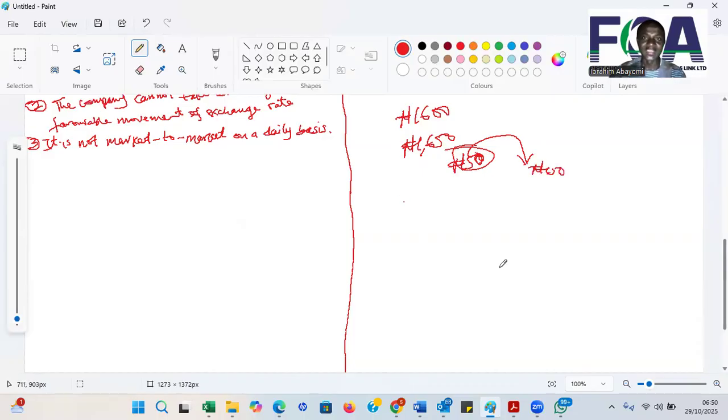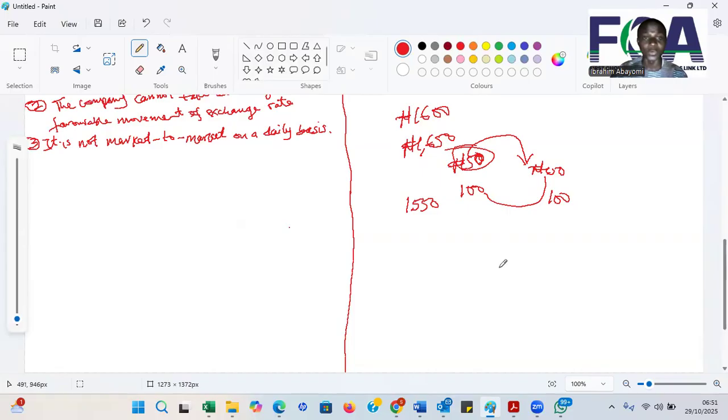Now, another day, if the exchange rate moves from 1,650 to 1,550, this other party will have to pay me 100 naira. That's what we call mark to market, daily settlement of gains and losses on that transaction.